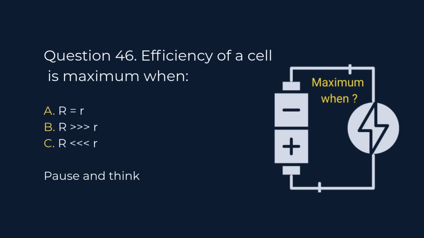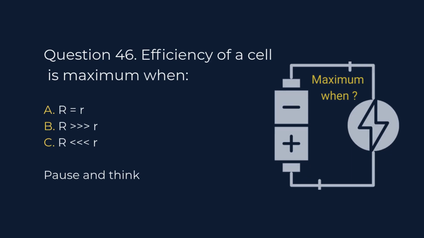Question 46. Efficiency of a cell is maximum when A, R equals r, B, R much greater than r, C, R much smaller than r.